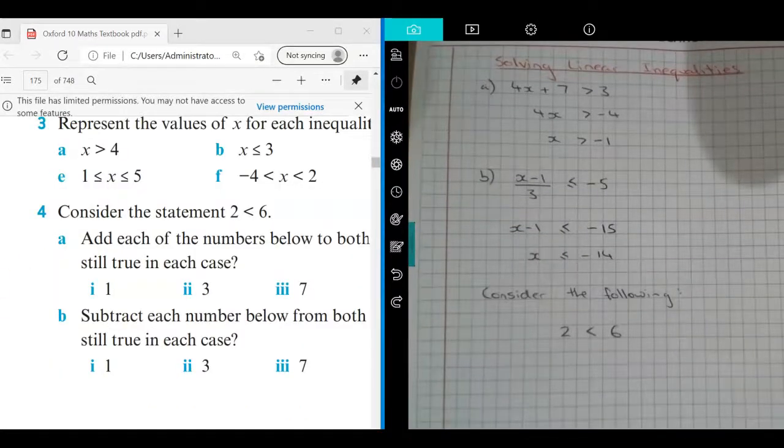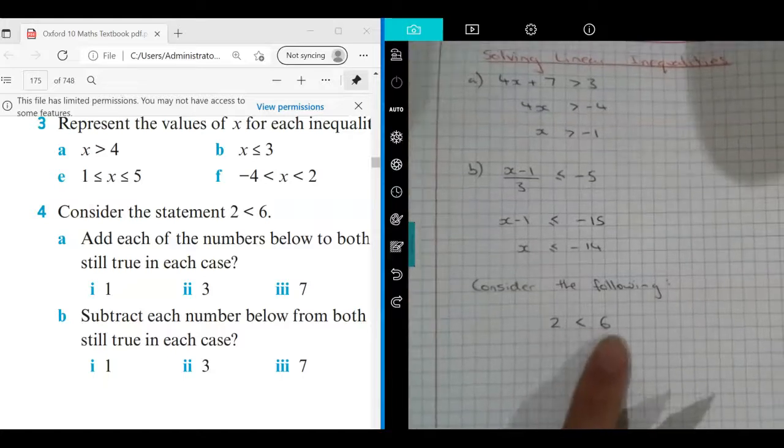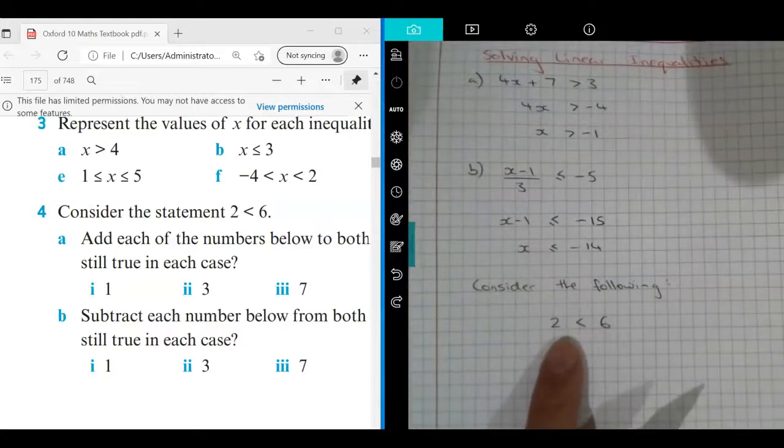When working with linear inequalities, there are some rules that we need to be aware of in addition to what we have already learned when solving linear equalities. So consider the following. Here I've got a statement that 6 is greater than 2.